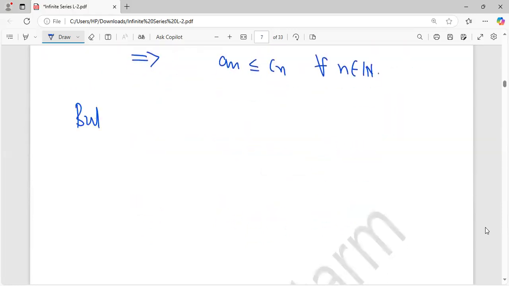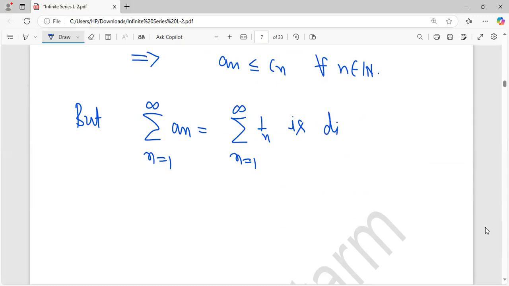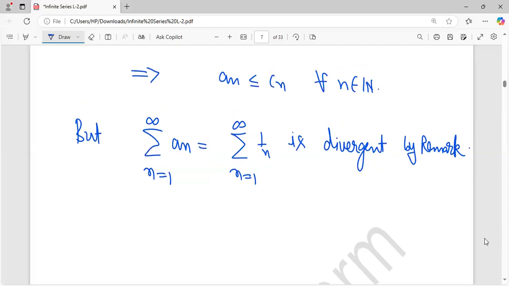But this series summation n goes from 1 to infinity of a_n is divergent by the remark. What was that remark? Let me check.